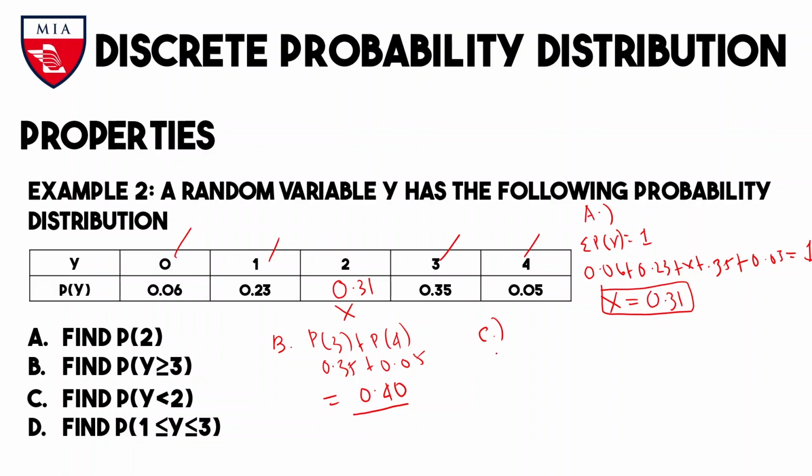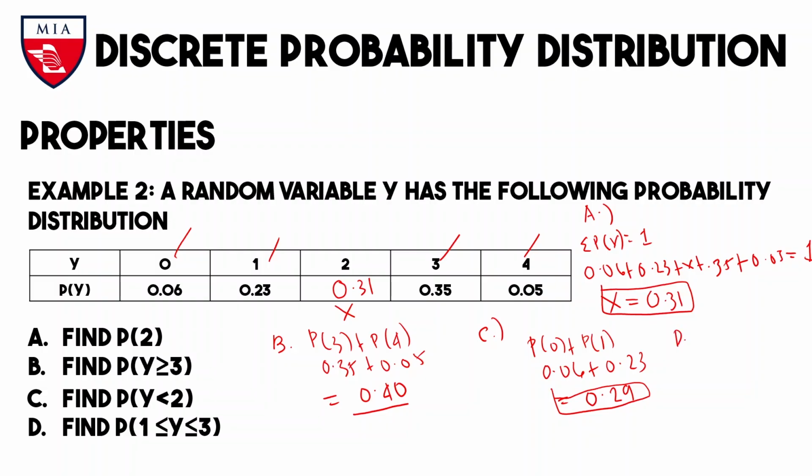Again, in order to solve for the total probability, we just add the values. So we have probability 0 plus probability 1. Substitute the values: 0.06 plus 0.23 is 0.29. So the value is equal to 0.29.